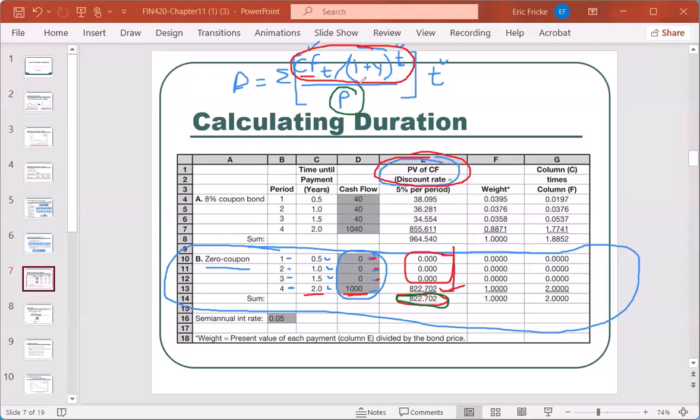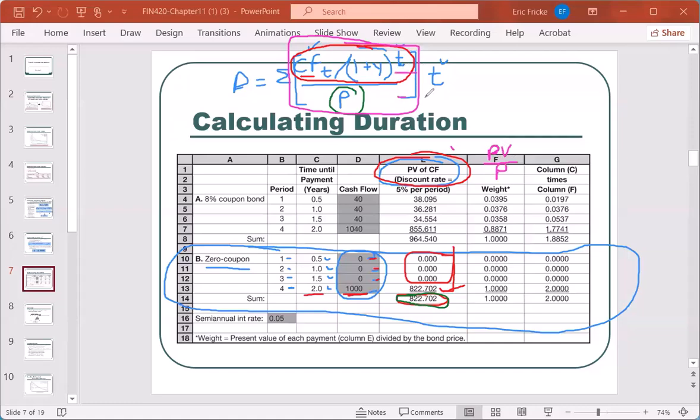All right. And now what we do is we calculate this. I'll put this in pink. That's the PV divided by the price of the bond.